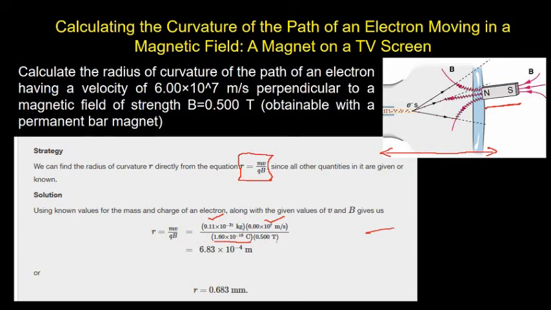Finally, the magnetic field is given by 0.5 Tesla, and this gives us the radius of curvature of the path taken by the negative charges, which comes out to be 0.68 millimeters.